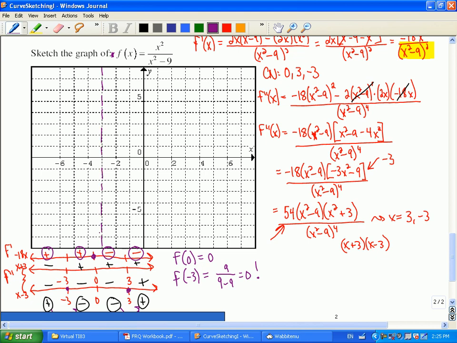Okay. And then at positive 3, same problem, right? Dividing by 0, so there must be a vertical asymptote here. So that's the feature that we're going to plot.